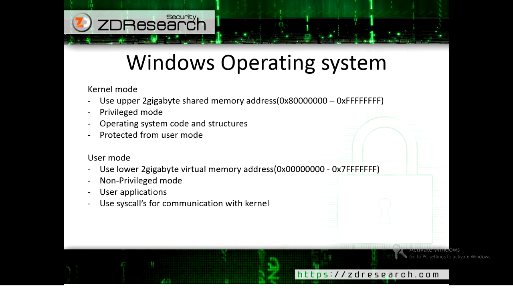For example, when you are calling CreateProcess from the kernel32 library, CreateProcess calls NtCreateProcess in the NTDLL library, and NtCreateProcess does the job of process creation by help of a syscall to the kernel.